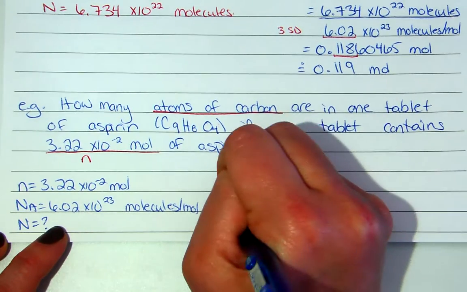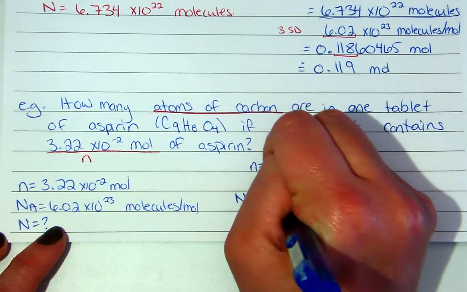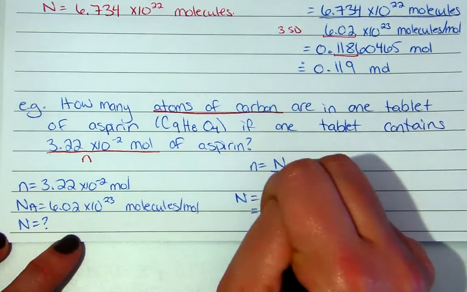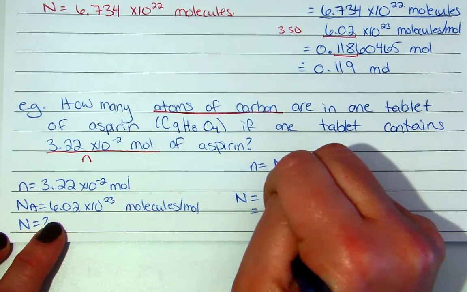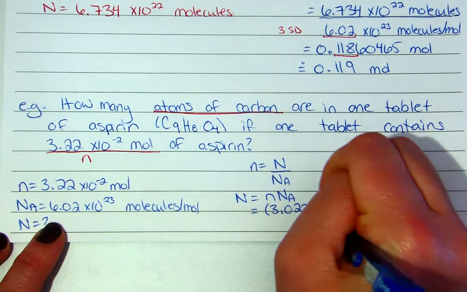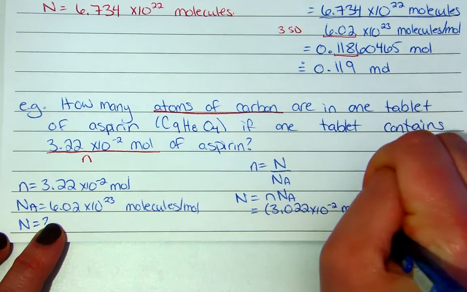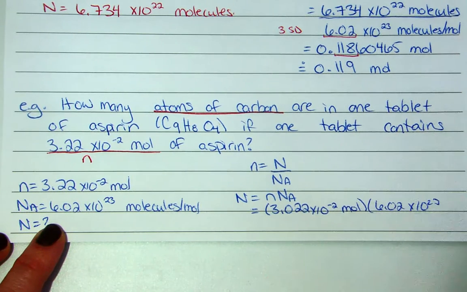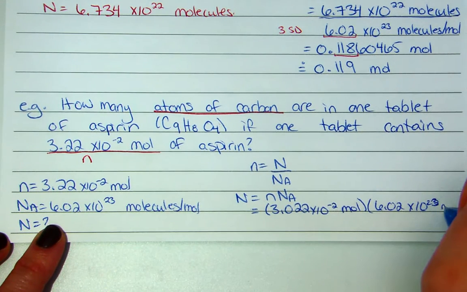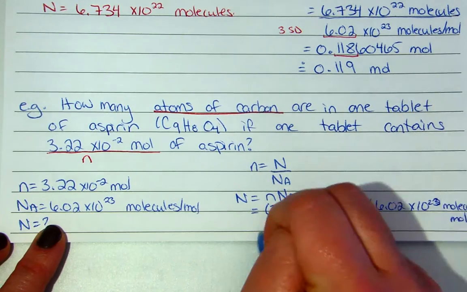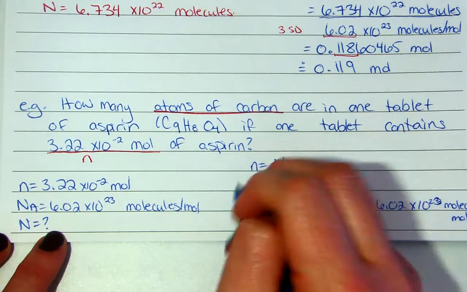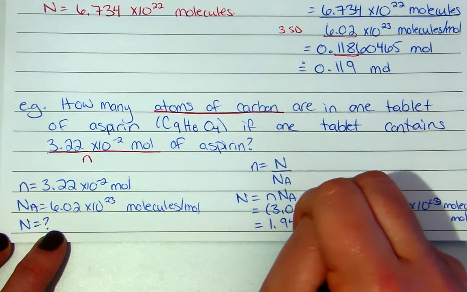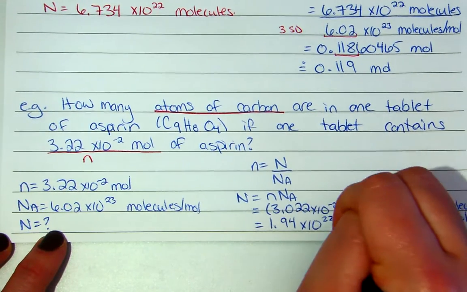Well, I'm going to rearrange. Uppercase N equals n times N_A. That gives us 3.22 times 10 to the negative 2 moles times 6.02 times 10 to the 23 molecules per mole, which when I round for significant digits gives me 1.94 times 10 to the 22 molecules.